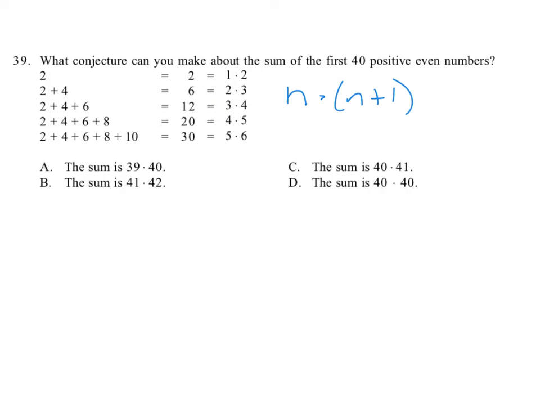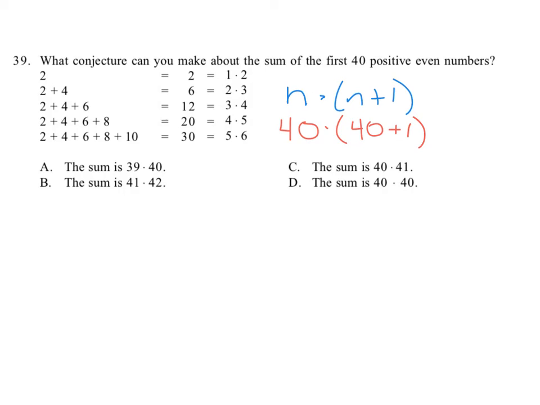So if we had the first 40, we would say, okay, that means that n, the number of terms we're adding together, is 40, and we always do 40 times whatever that is, 40 plus 1 more than that, or 40 times 41.